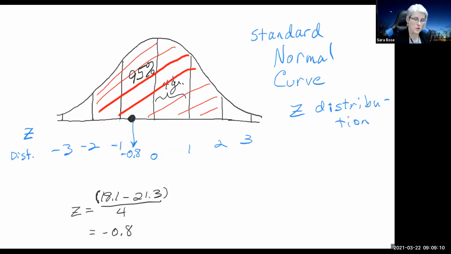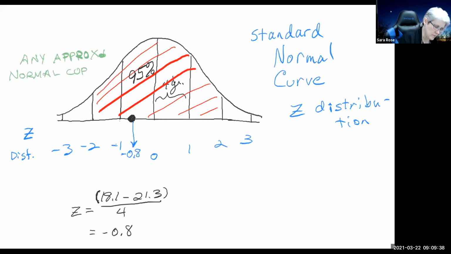There's also another letter that's often used to represent any normal curve. So for any normal curve, or any approximately normal curve, I should say, I'll show you why in a moment. So any approximately normal curve can be described 3 ways.